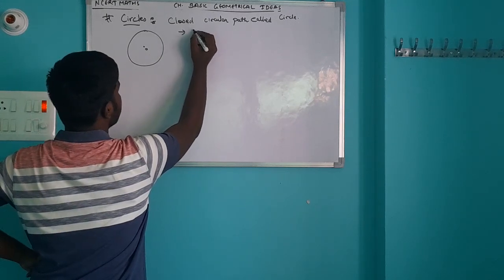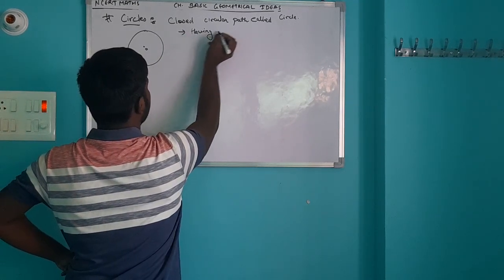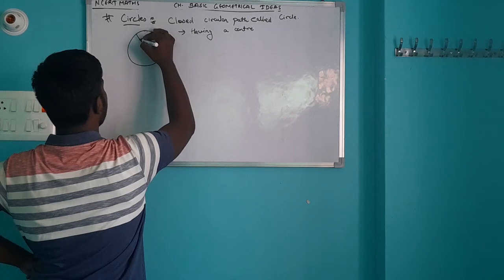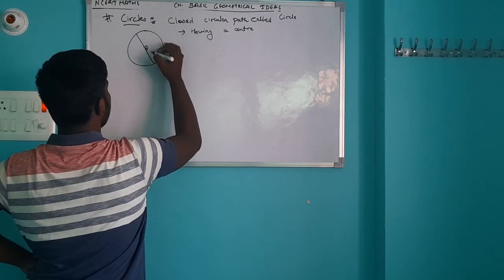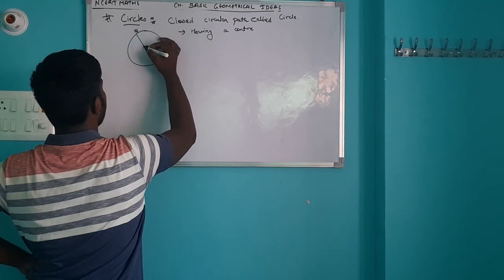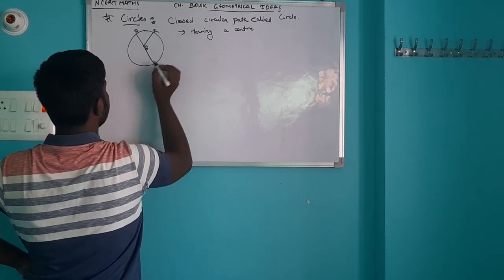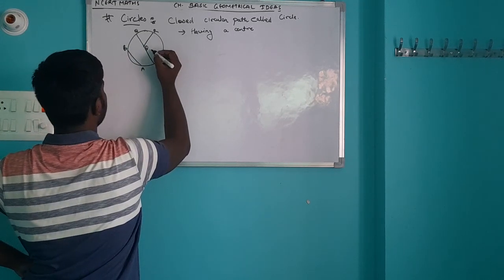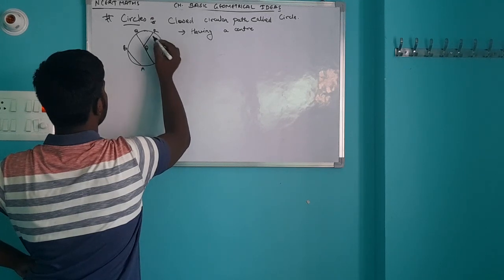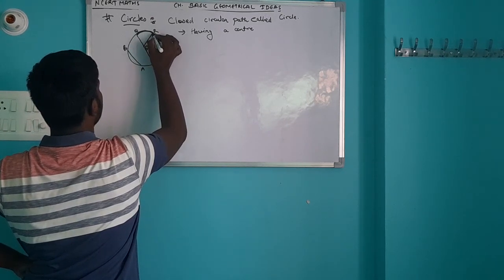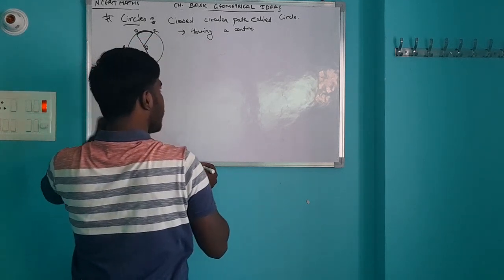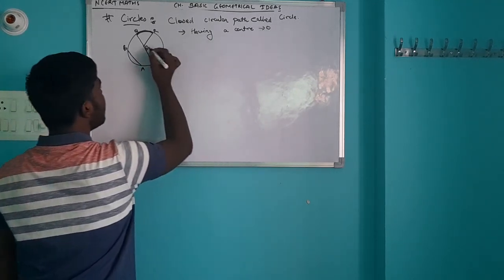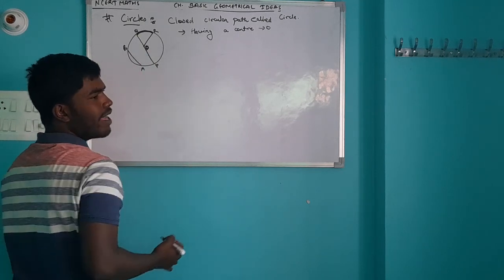I write the several parts. I make the figure of a circle, with points O, P, Q, R, A, B, then I explain. Having a center, which is called O. The center is the midpoint of the circle, which is represented here as O.